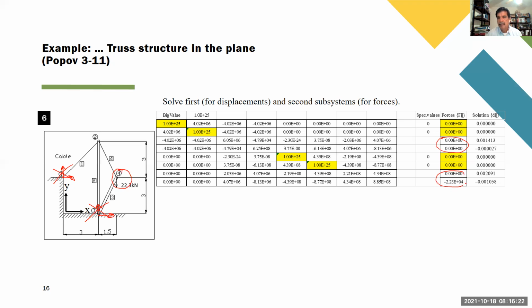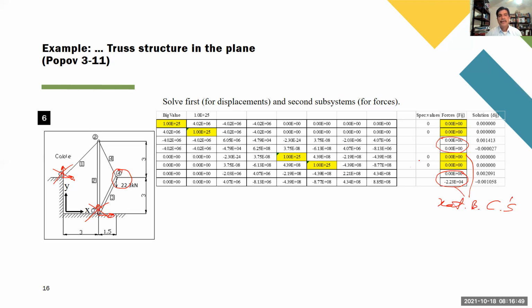So this is a natural boundary condition. Okay. Now, right here, you see that these values for the displacement have to be 0. Okay. And what we're going to do is simply here, we're going to receive the reactions.